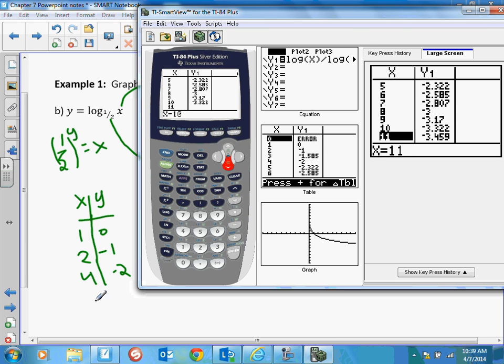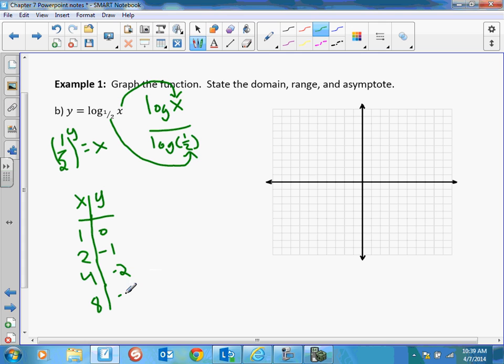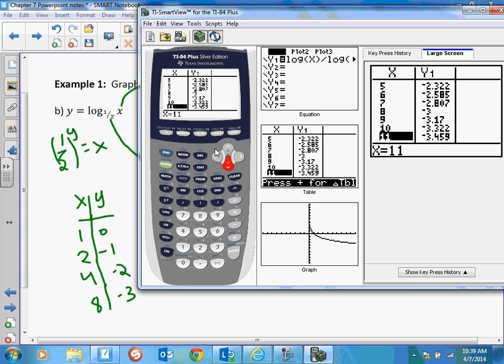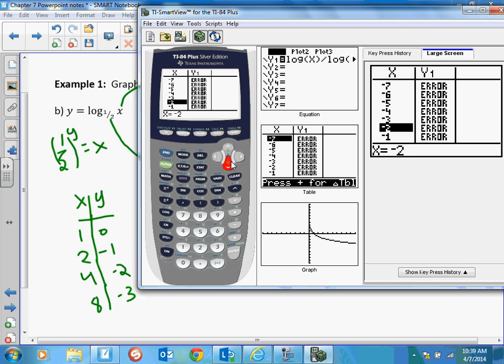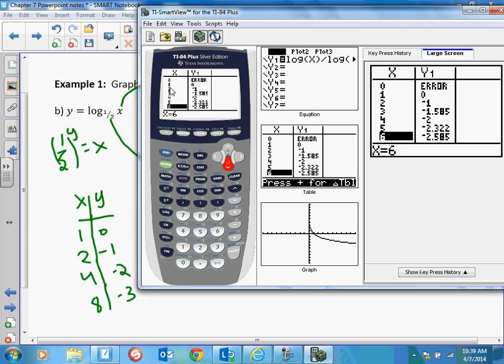You know, (8, -3). And what they don't show here, and this is how people get messed up, is that they think it just stops, it's an error. But if you went infinitely close to... okay, stop. So at x is 1, y is 0.